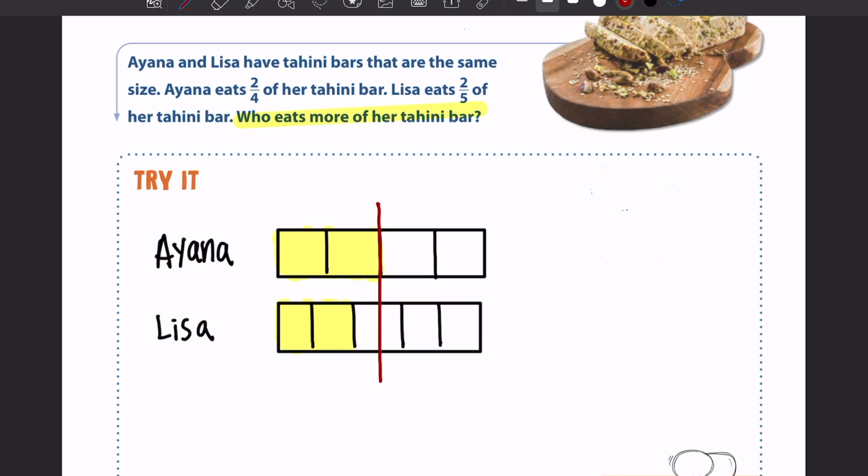So for this first example, the answer would be Ayana ate more. The reason is that there is more shaded in on these fraction bars. Yes, they both have the same numerator, but as we learned last time, if you have a larger denominator, that means that each of the individual pieces become smaller.